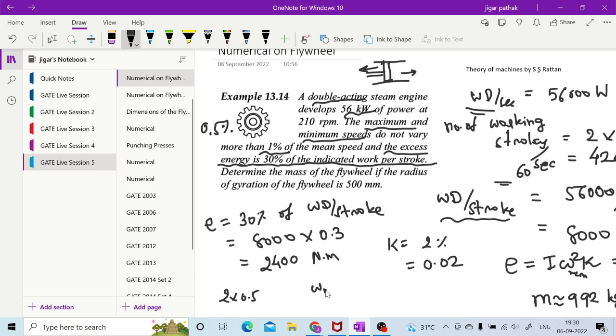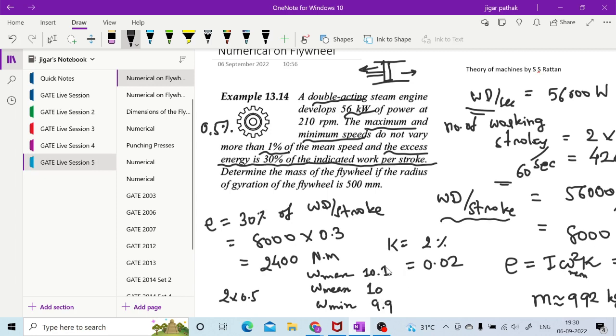Now you have omega mean, so it can go towards omega max as well as omega min. Suppose you take the example 10. Then 1% of this 10 means 10.1, and 1% less means 9.9. So the total fluctuation is 2%, so that is why I have taken 2%.